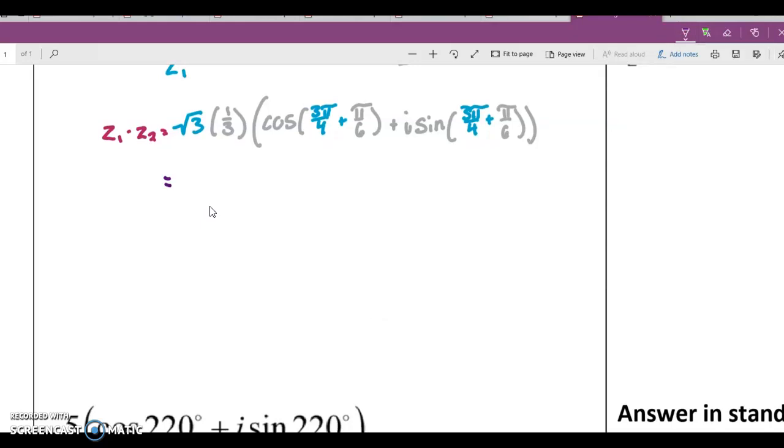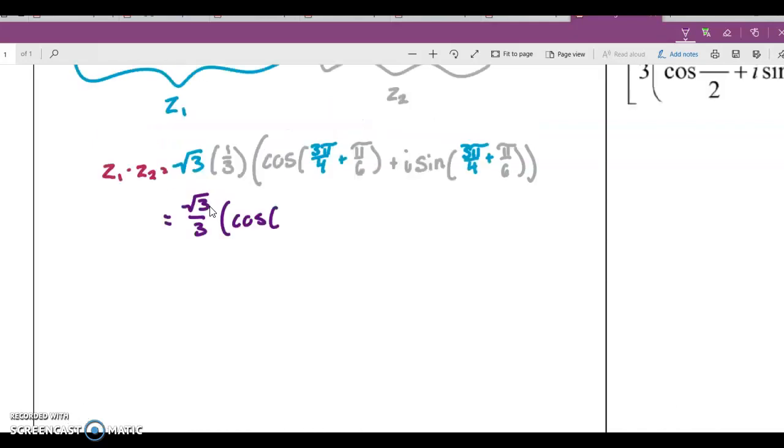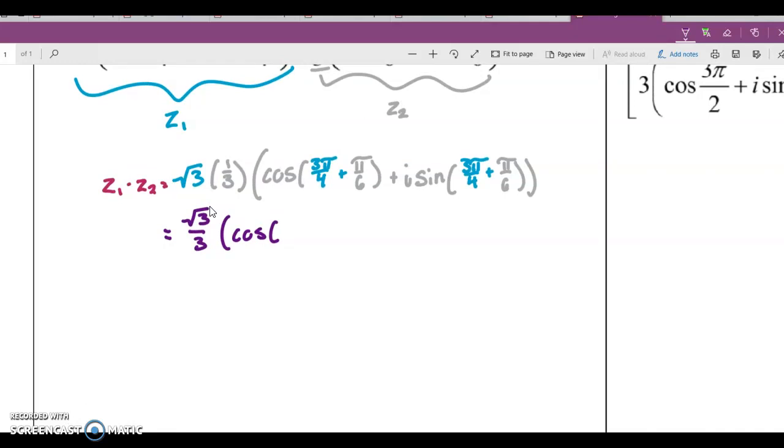So we just have root 3 over 3 times cosine of, and then doing this addition here, I'm going to change these so that the denominator is 12. So we have to multiply this one top and bottom by 3. So we have 12 in the denominator, and then we will have 9 pi in the numerator.